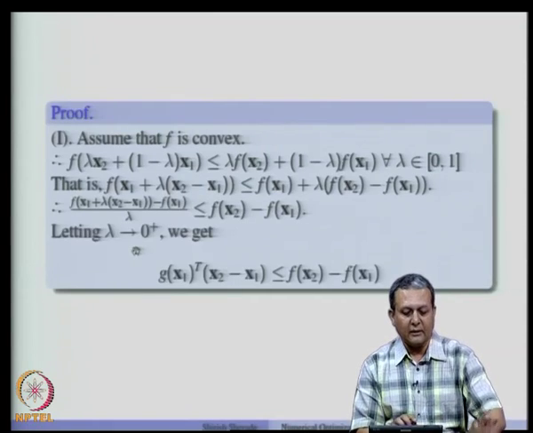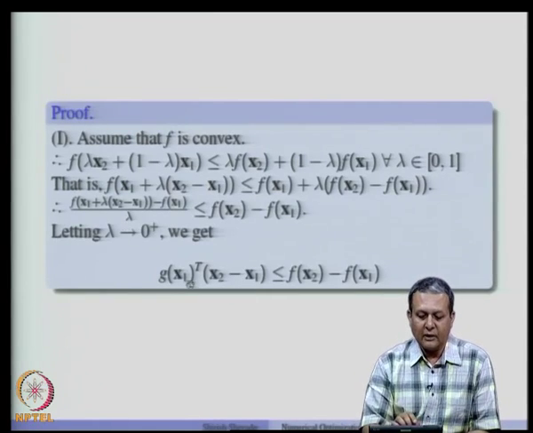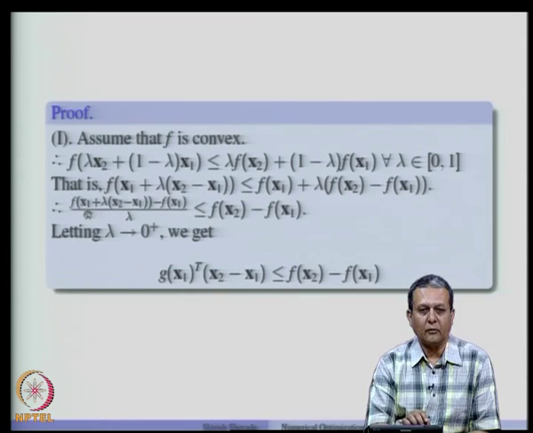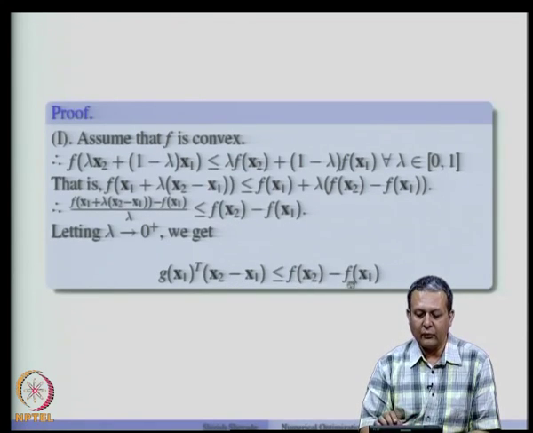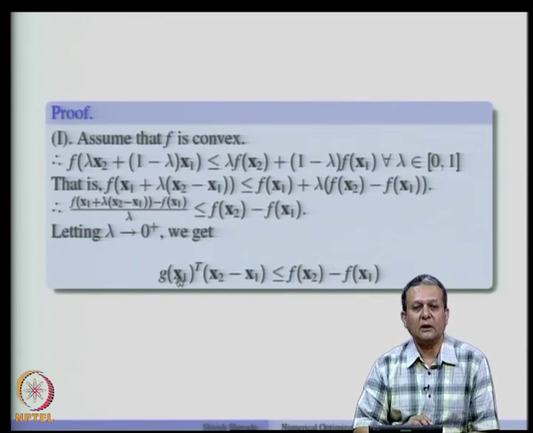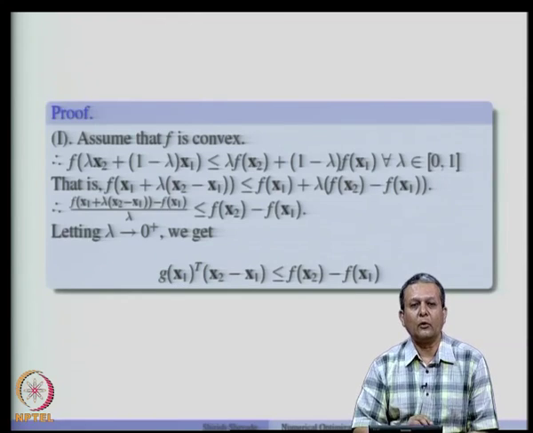So, what we get is g(x1) transpose (x2 minus x1), that is the directional derivative of f at x1 along the direction x2 minus x1. Now, that will be less than or equal to f(x2) minus f(x1), and this shows that f(x2) will be greater than or equal to f(x1) plus g(x1) transpose (x2 minus x1). So, this is the inequality that we wanted to show.